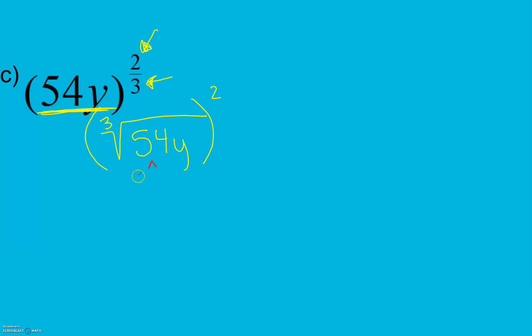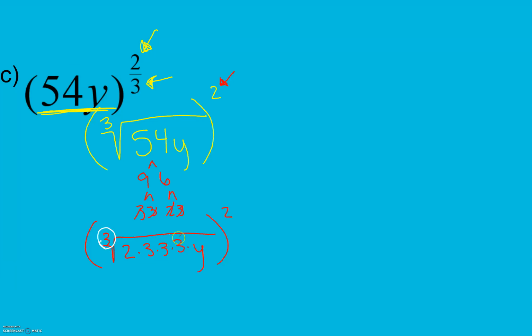I'm going to break this down if I can. 9 times 6, which is 3 times 3, and 2 times 3. So what I really have here is the cubed root of 2 times 3 times 3 times 3 times y. And don't forget, it's still raised to the 2nd power.